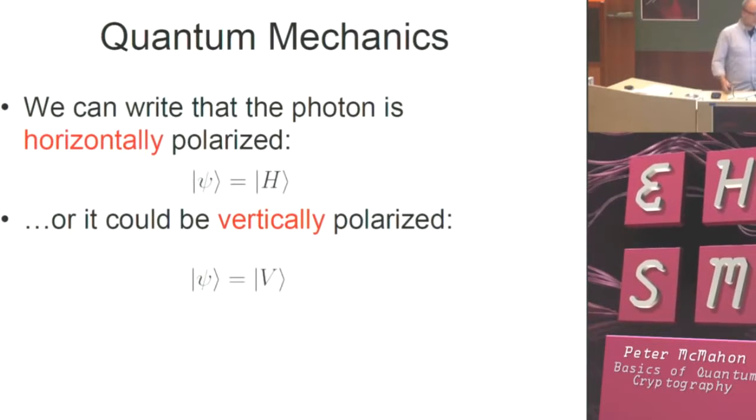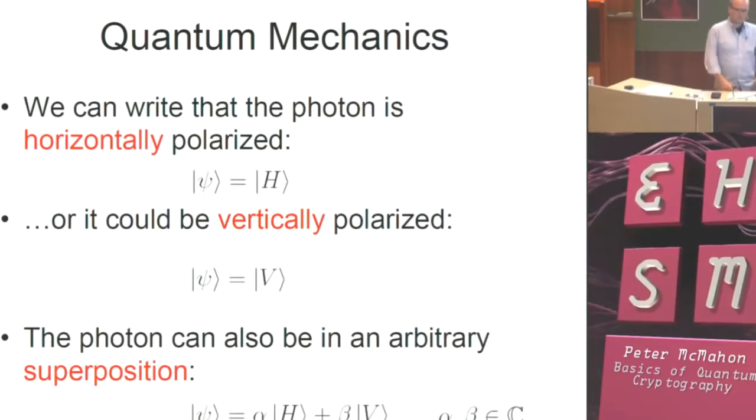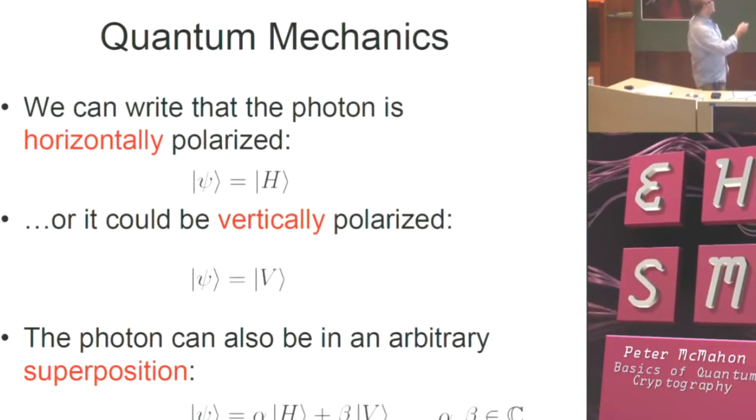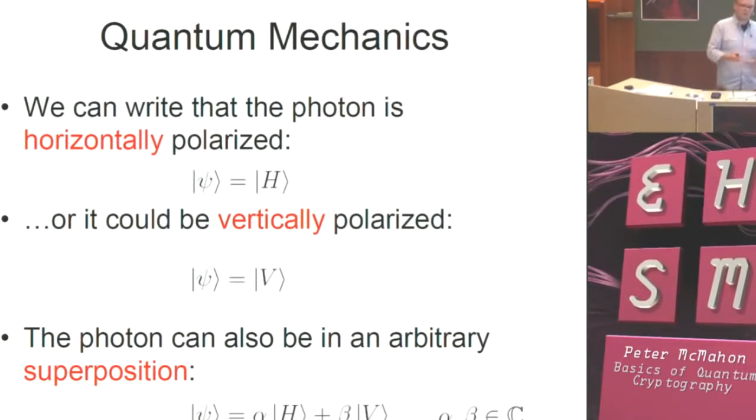It could also be vertically polarized, in which case we would describe the state of the photon as psi equals V. And as I mentioned before, quantum mechanics allows us to say that actually the photon can be in some arbitrary superposition. So it doesn't have to just be horizontally polarized or just be vertically polarized. We can have an arbitrary superposition where we have some coefficient alpha and some coefficient beta, which describe basically how horizontally or how vertically polarized this is.